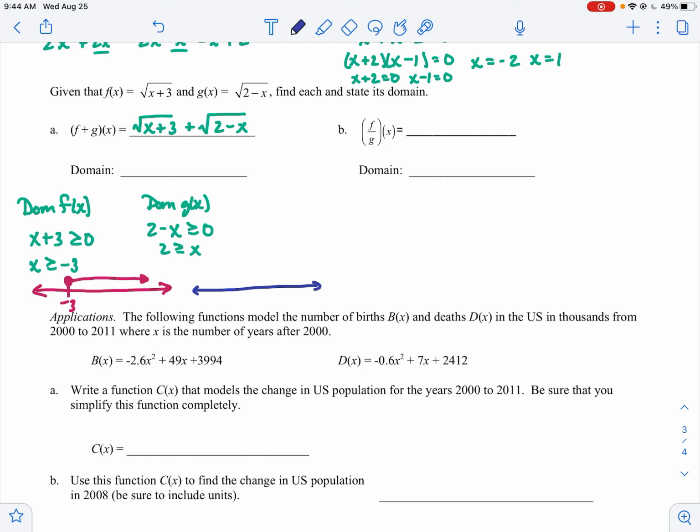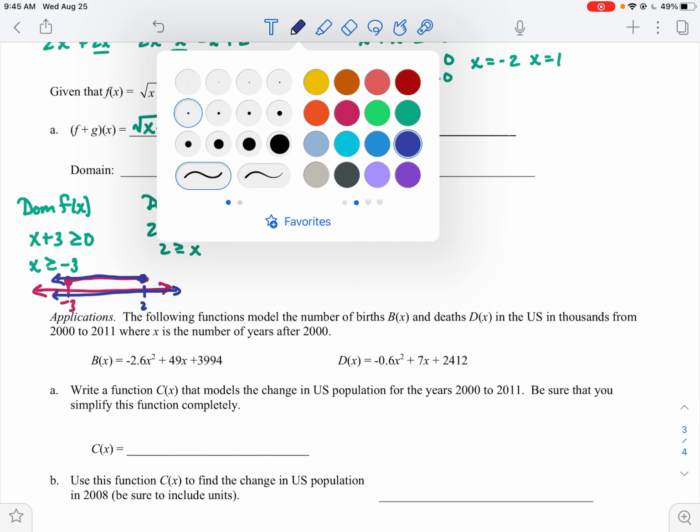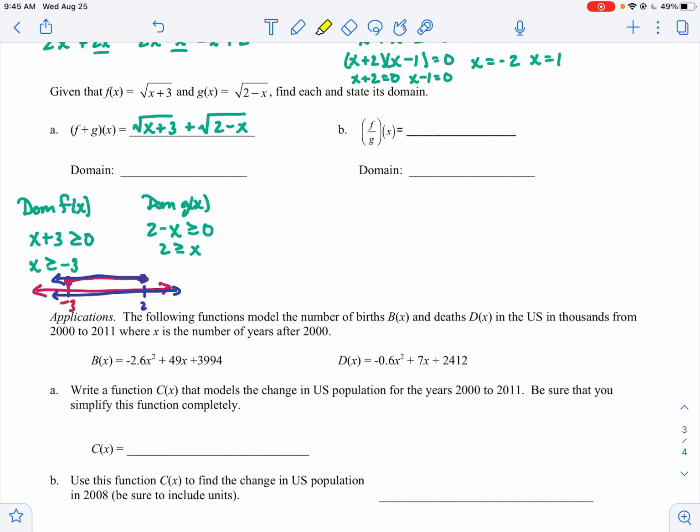For g, it's saying, hey, you can use anything below 2. Okay. But if I think about those together, let's see if this actually works. Hey, look at that. Kind of did, right? What is it that works for both, right? So the numbers that work in both situations would just be the numbers from -3 to 2, right?